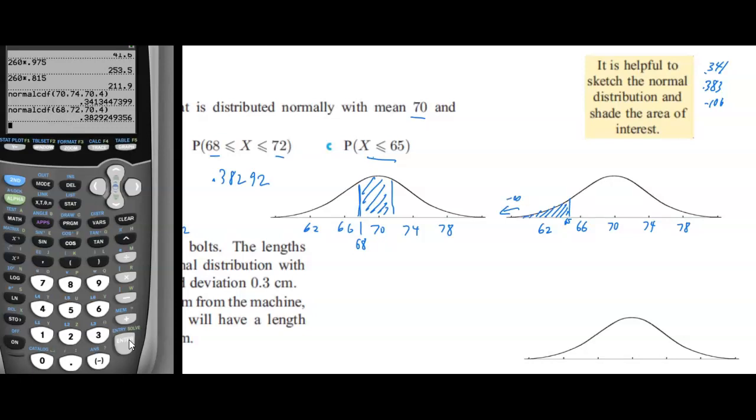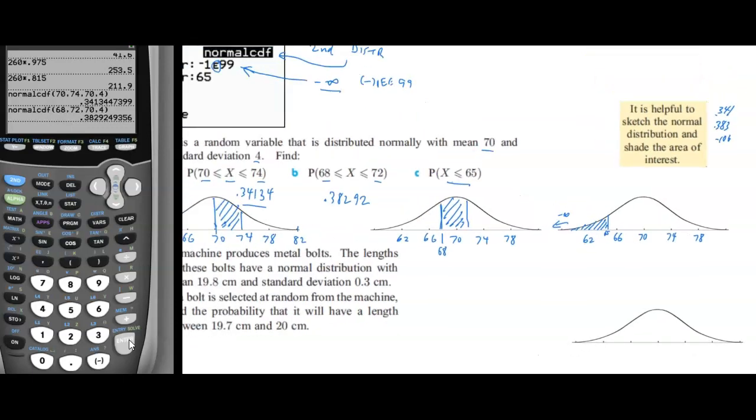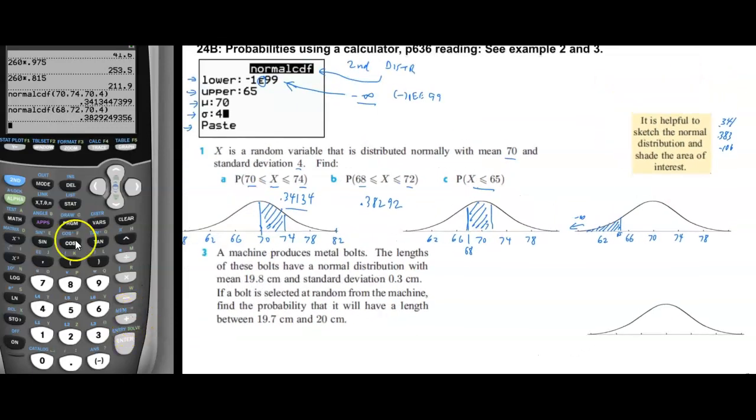So we're going to put negative infinity as the left boundary and 65 as the right boundary. So let's do that: second distribution, norm CDF, and we're going to put negative 1 second EE 99, and the right boundary is 65, and then the mean is 70, and the standard deviation is 4.